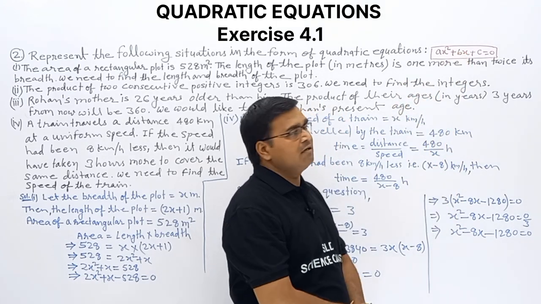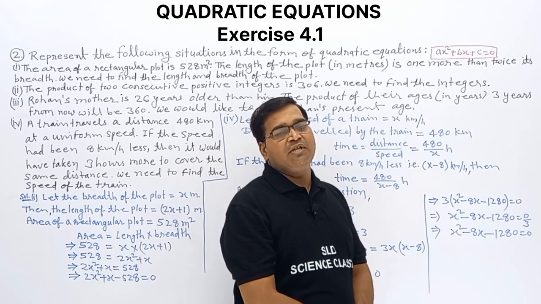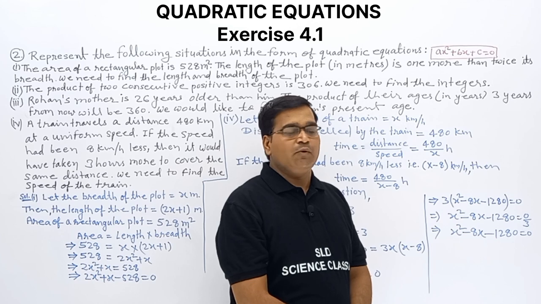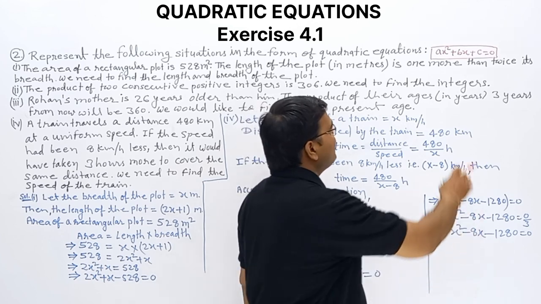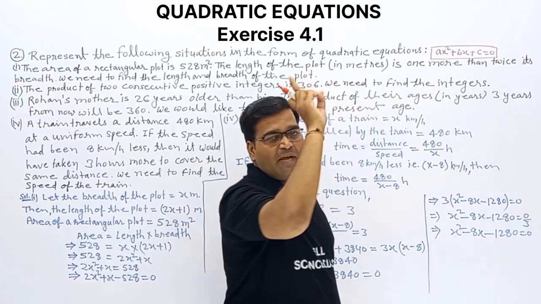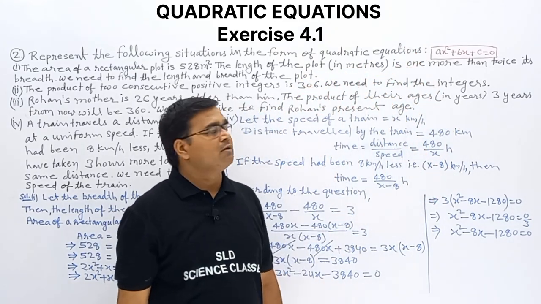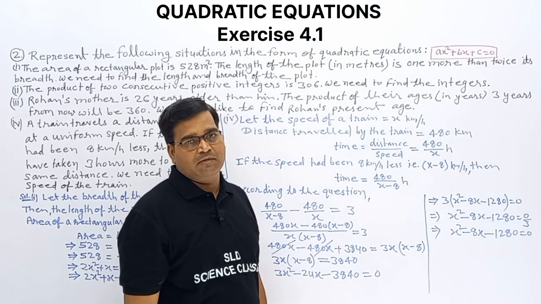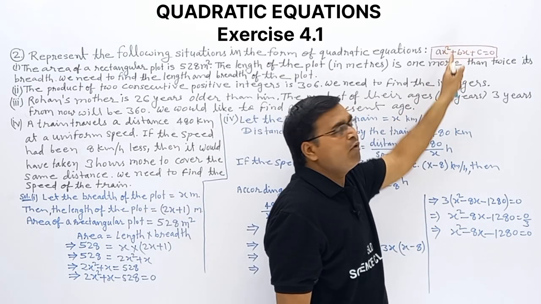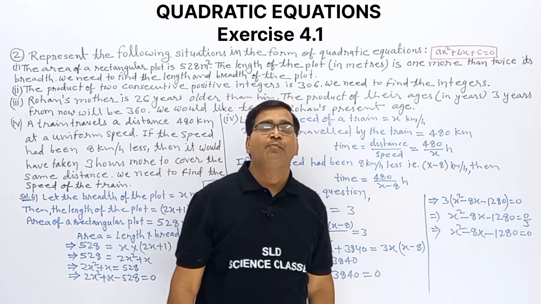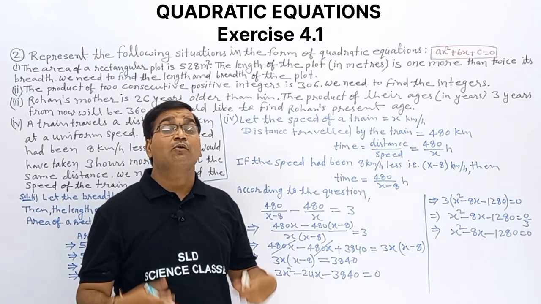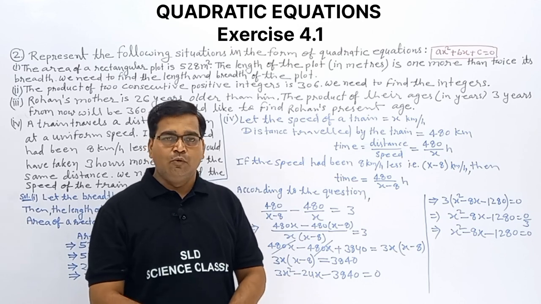If we get an equation in this form, then we can say it is a quadratic equation. Why? The variable x has power 1 in one term and power 2 in another, so the highest power of the variable is 2.